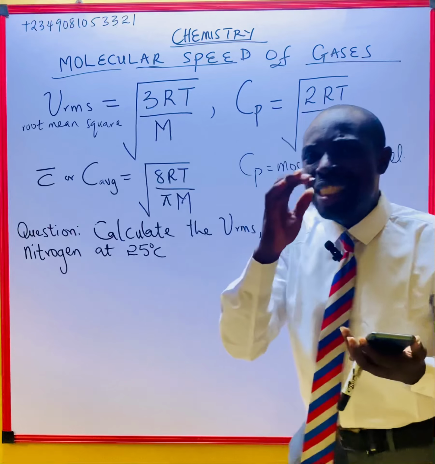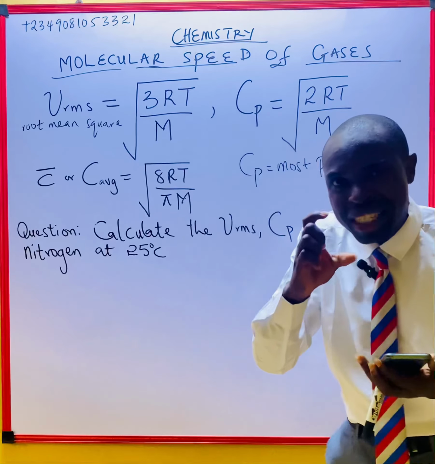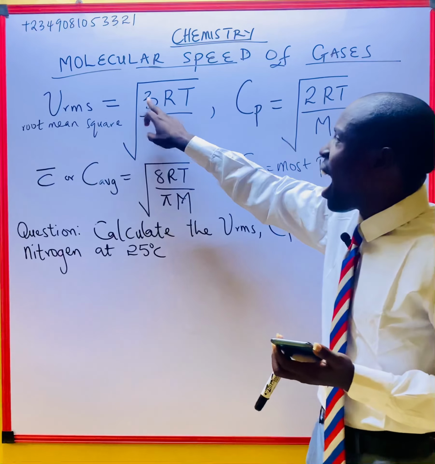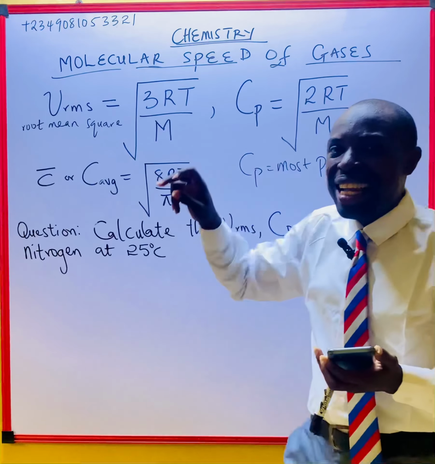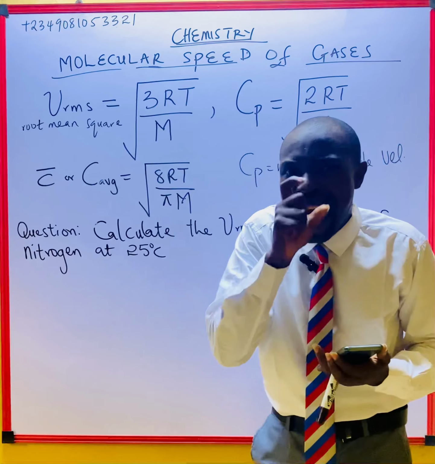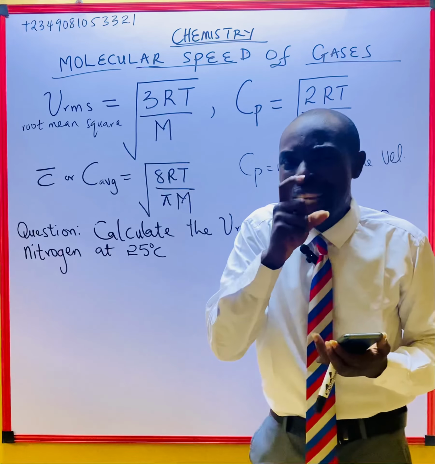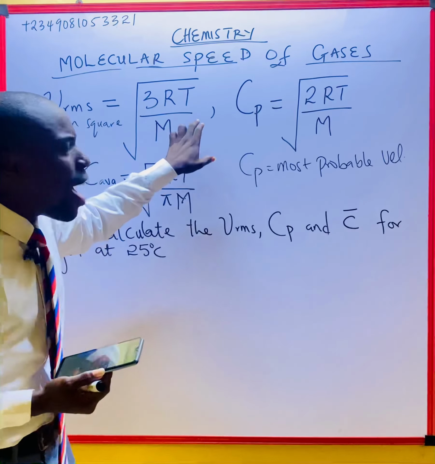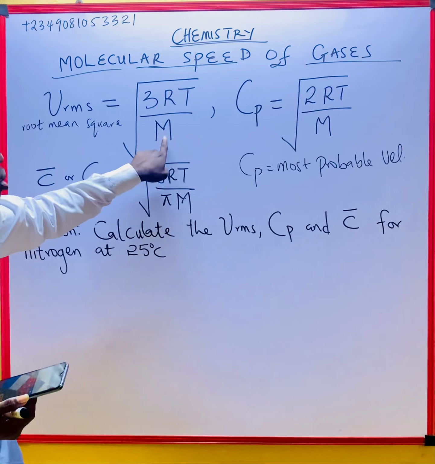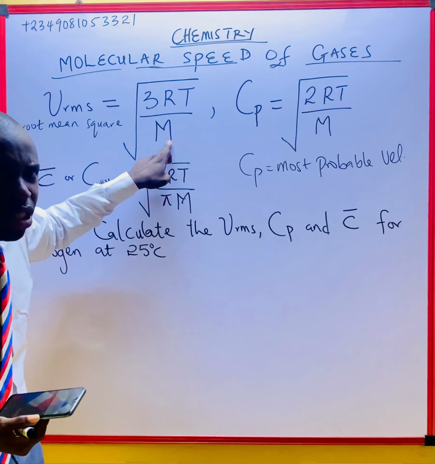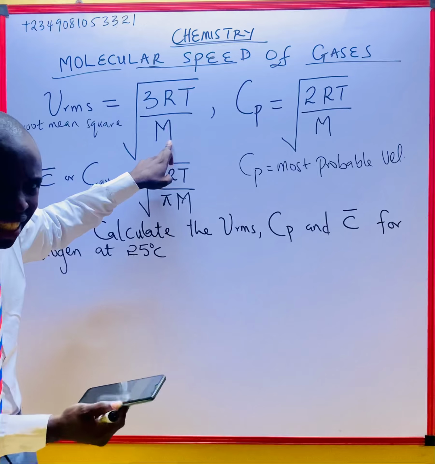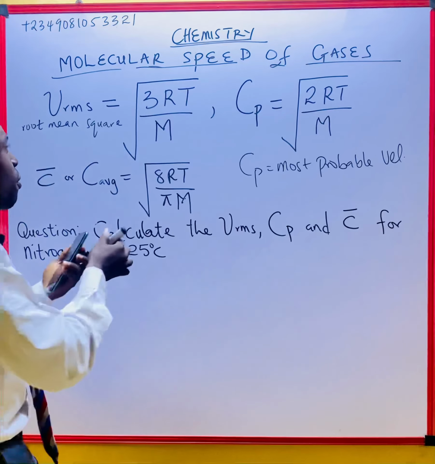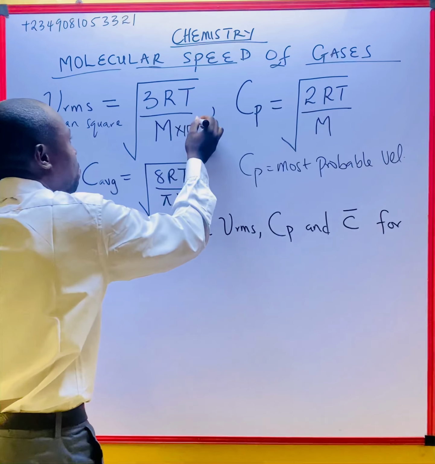Now, you need to take note of their formulas. The formula for root mean square velocity is the square root of 3RT over the molar mass. Please take note: the molar mass must be in kilogram per mole. That is to say, while doing your calculations, your molar mass will be the molar mass of the gas multiplied by 10 raised to power minus 3.